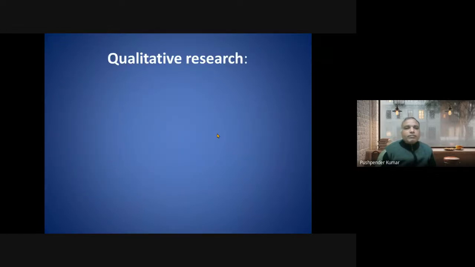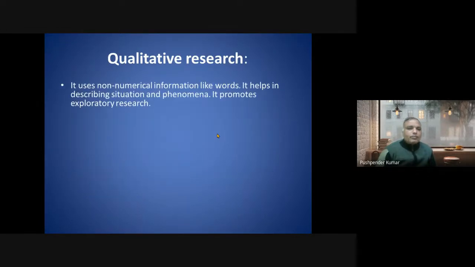And now we have qualitative research. Qualitative research uses non-numerical information. So on the one side you saw quantitative research, where we use data, but qualitative research uses non-numerical information like words. It helps in describing situations and phenomena. It promotes exploratory research.